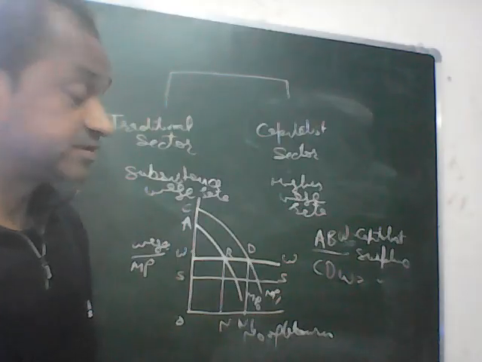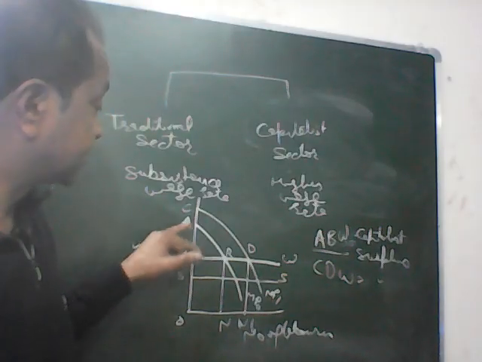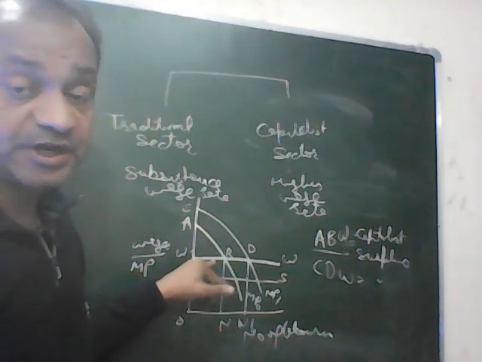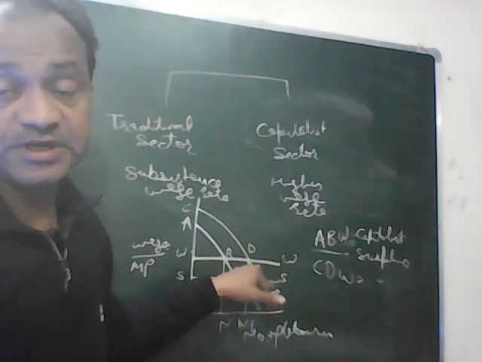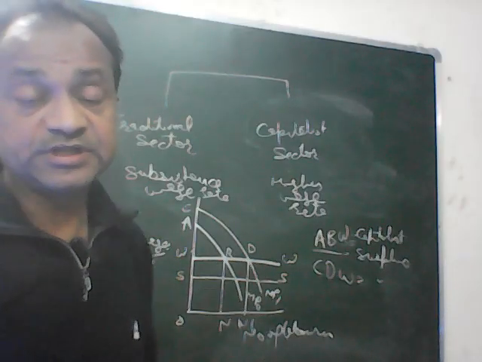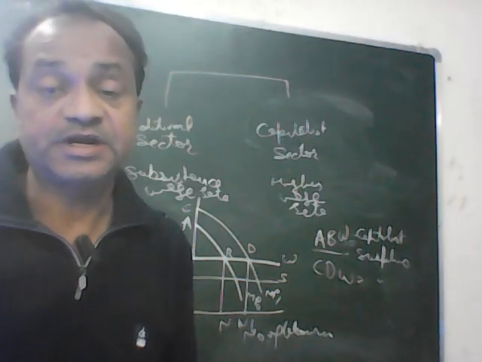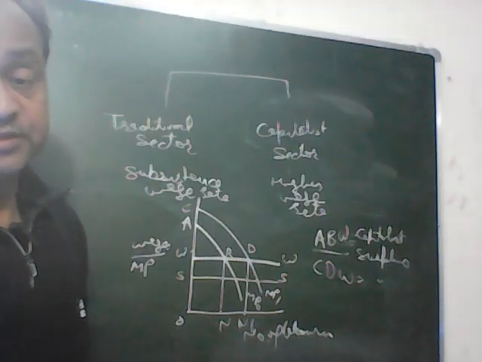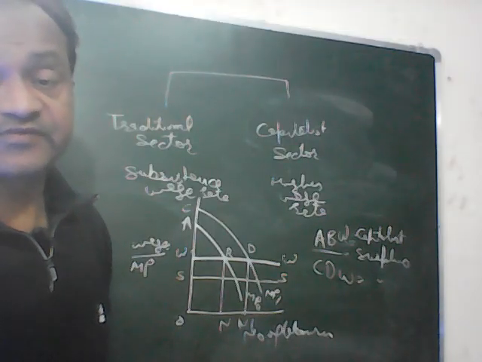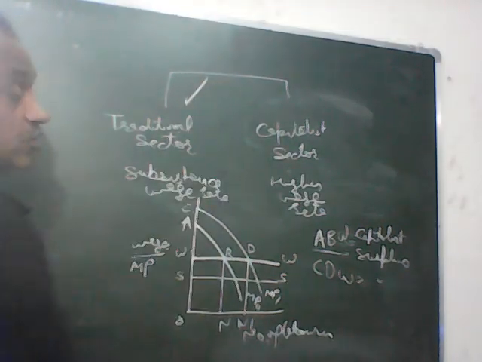This is a process through which the capitalist surplus generates more and more employment in the capitalist sector, and within this process the second aspect also happens, that the surplus labor of the traditional sector automatically adjusts.